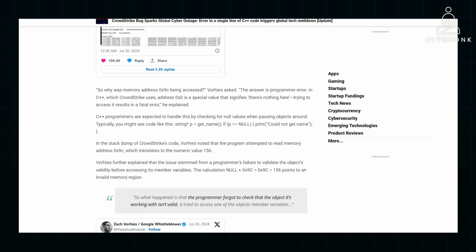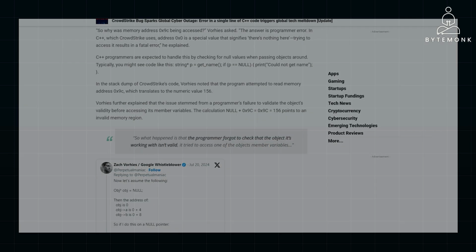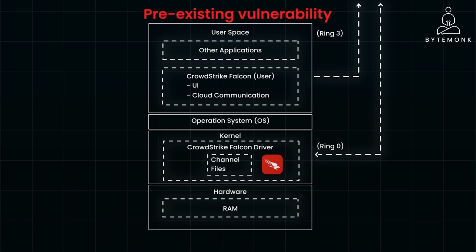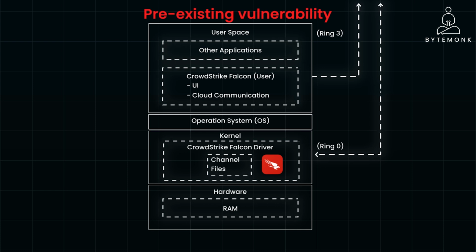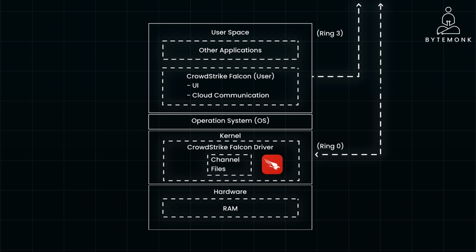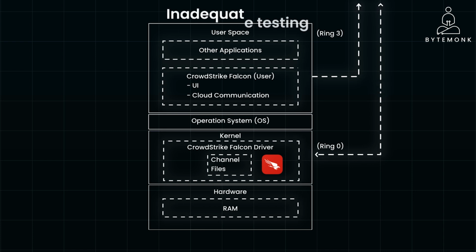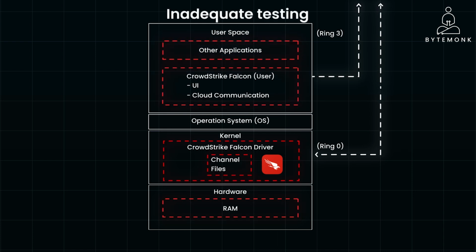You can check out all the relevant links to the research work in the channel description. They all suggest a pre-existing vulnerability in the driver, likely present for some time, that was finally triggered by the specific configuration update. Essentially, a developer's oversight, compounded by inadequate testing, led to a cascading failure that exposed a long-standing weakness in the software.